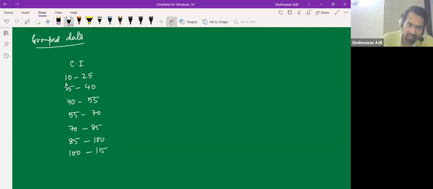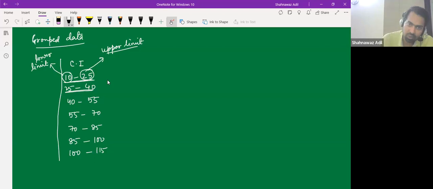So we have a class interval, which means that there is a lower limit and there is an upper limit, right? And we are seeing that the upper limit of this class is the lower limit of the next class. So in this class interval, this 25, the upper limits are not counted.